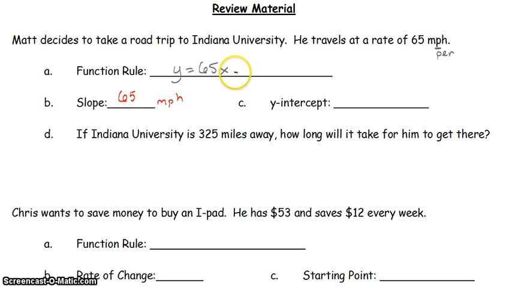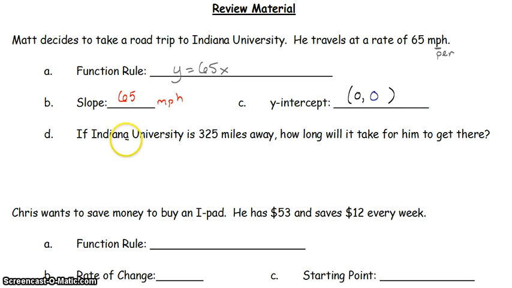In my function rule though, I'm not adding or subtracting anything either before or after my 65x. And the only number I know of that represents nothing is 0. So my starting point, or my y-intercept, which first of all always has an x-coordinate of 0, in this case, since I'm not adding anything, also has a y-coordinate of 0.